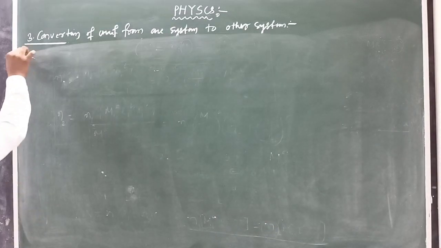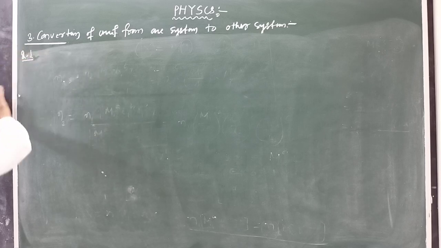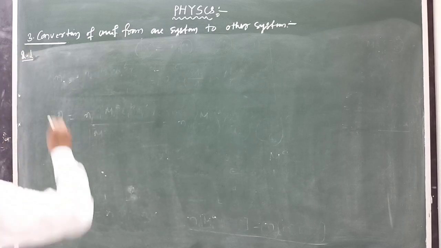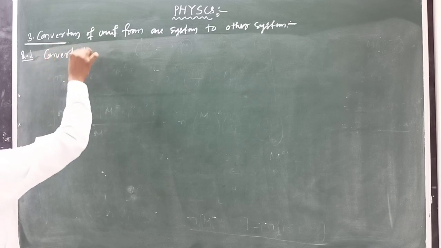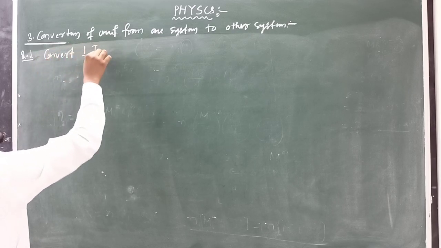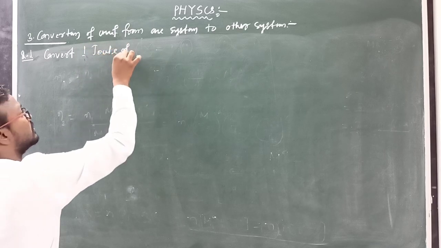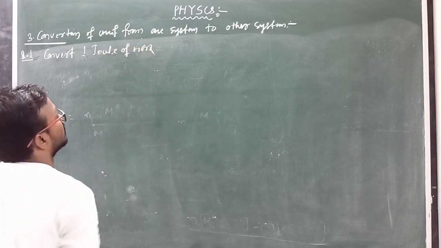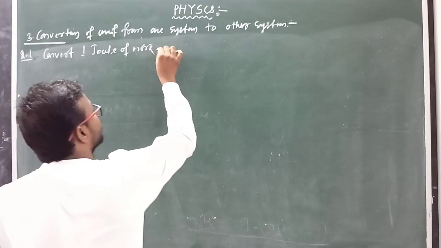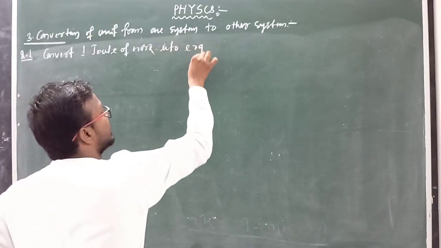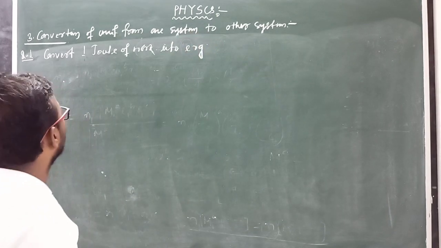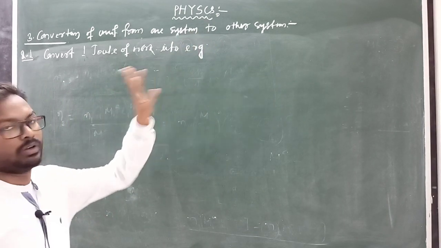Suppose question number 1, now let's start how to convert by using this formula. Convert 1 joule of work into another system, or the question may arise in erg: convert 1 joule of work into erg.